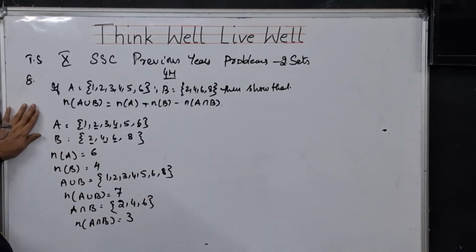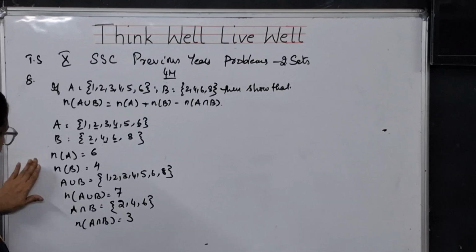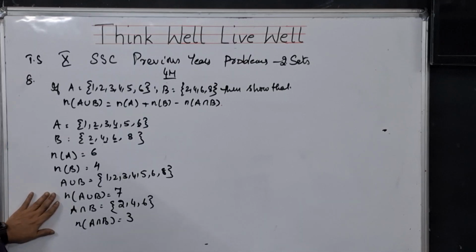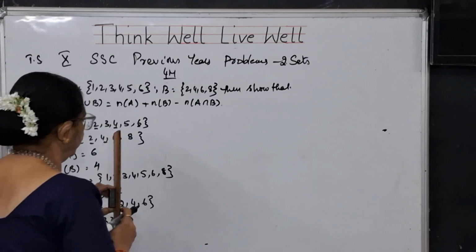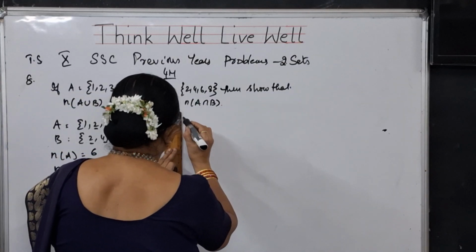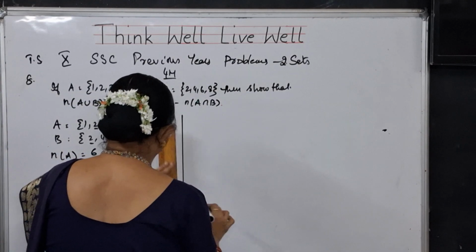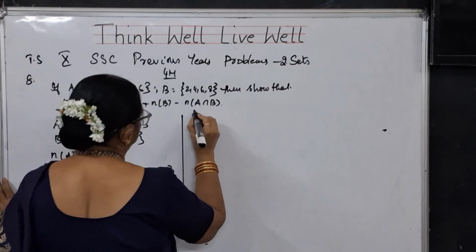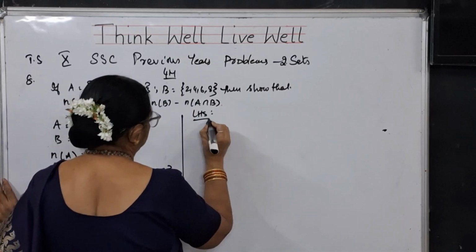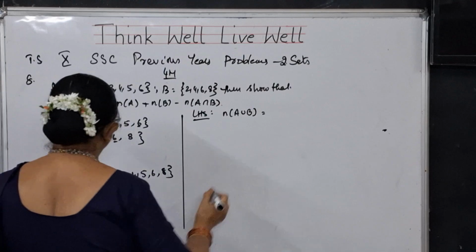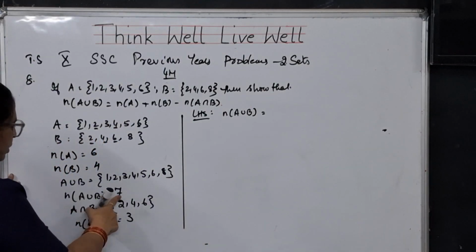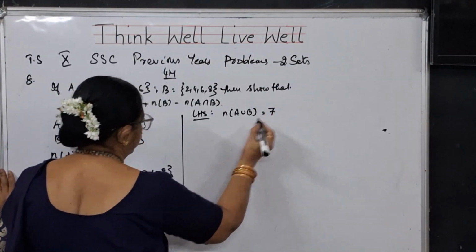So we have taken what is n of A, what is n of B, what is n of A union B, and what is n of A intersection B, which you want. So let us take the formula. In the formula, LHS is n of A union B. How much is n of A union B? I have written, children, 7.